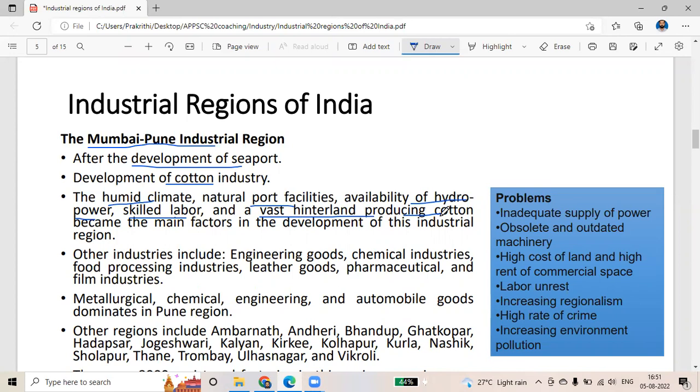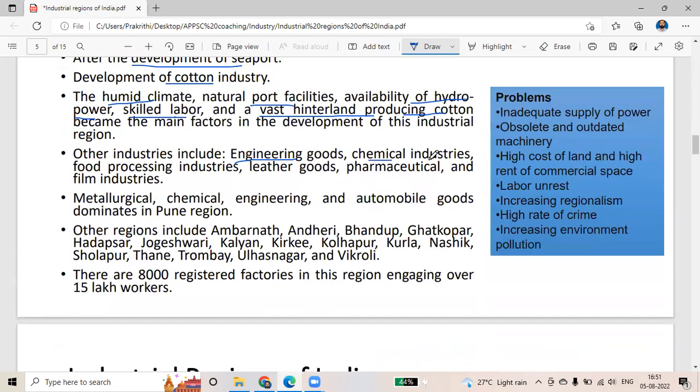Major industries other than cotton are यहाँ पे other industries. So पहले cotton industry हुआ है, industries develop होने शुरू किया है तो textile industry बढ़ गया है, population has moved to that, तो population high हो गया है, so they have started investing in many other industries like engineering goods industries, chemical industries, food processing industries, leather industries, pharmaceutical industries, and film industries. ये सब है मुंबई में सबसे ज्यादा.